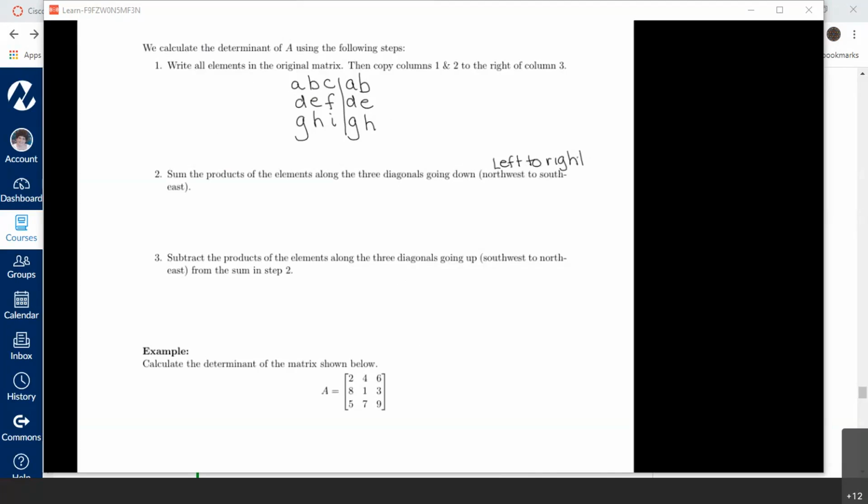And again, another way to describe that is saying from northwest to southeast. Okay, if you're comfortable with points on a compass, you've got north, east, south, west. So what we're doing is we're going from northwest to southeast, so that way. All right, so I'm going to circle those diagonals.